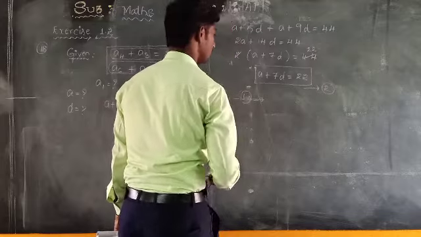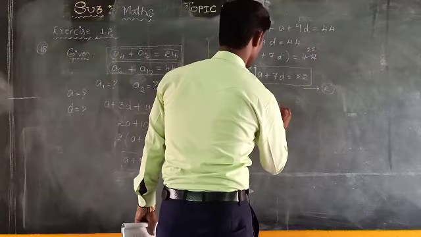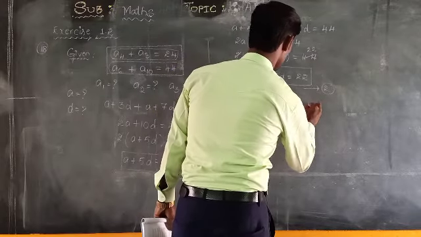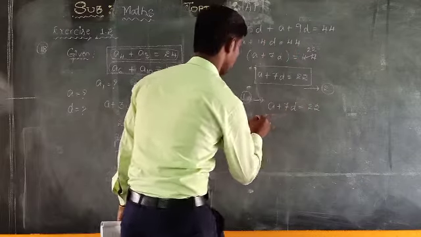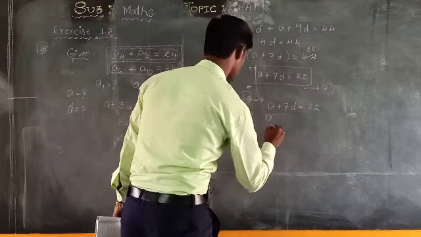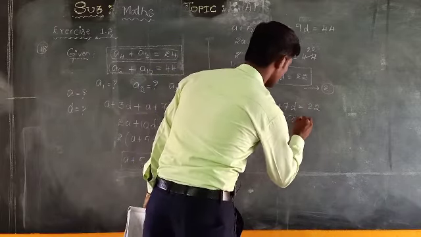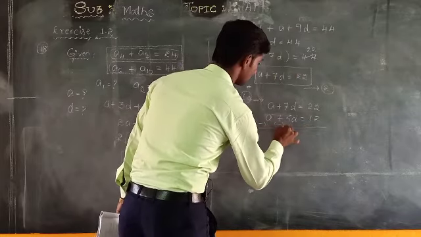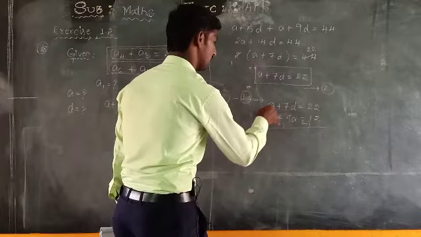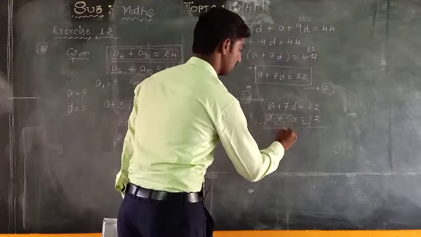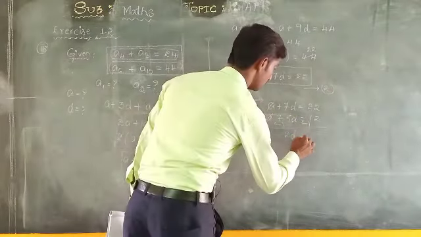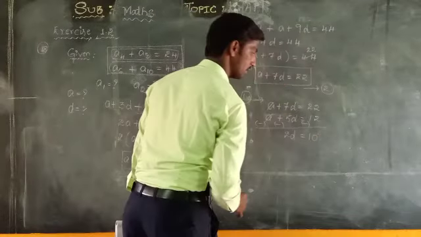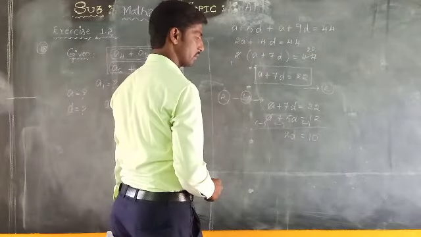Equation 2 is A plus 7D equals 22, whereas equation 1 is A plus 5D equals 12. For the second equation we must change the signs for the subtraction process. A minus A gets cancelled. 7 minus 5 becomes 2D, equals 22 minus 12, which is 10.